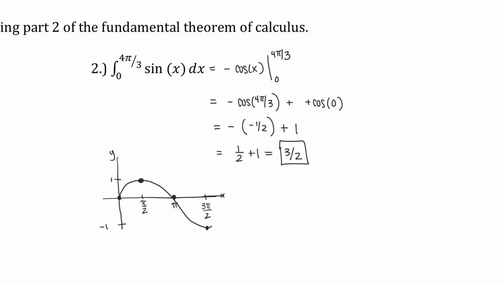All right. So this is what a sine function looks like. And we were asked to do the integral from 0 to 4 pi over 3. So remember, 4 pi over 3 is probably like right here. Because on my unit circle, 4 pi over 3 is about here.